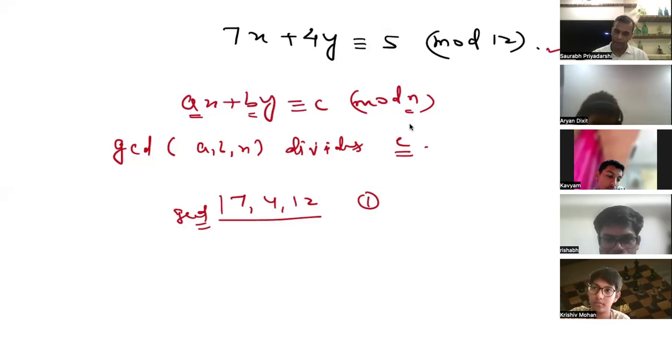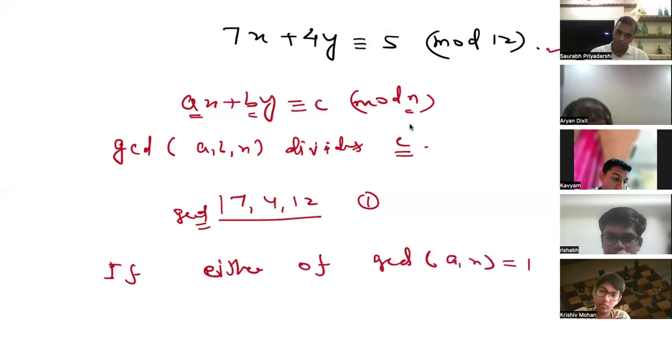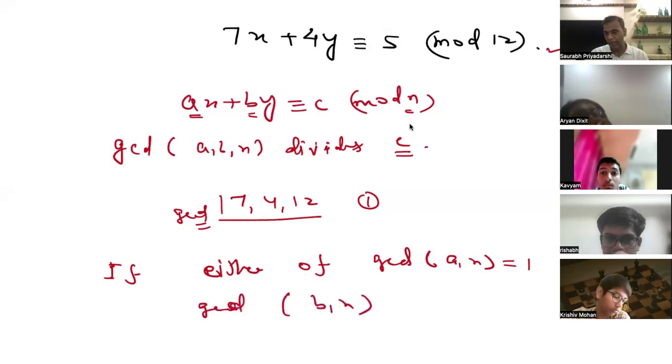Yes, sir. And this is solvable if either GCD of A and N is equal to 1 or GCD of B and N is 1.